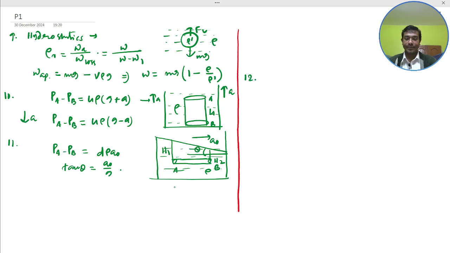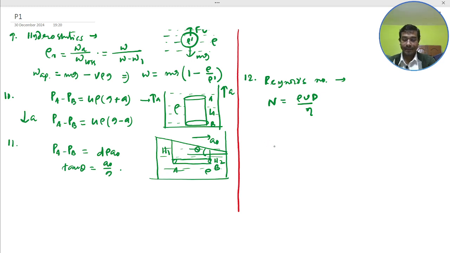So last one, the Reynolds number. N is equal to rho v d divided by eta, where rho is the density of the liquid, v is the velocity of the liquid, d is the diameter of the tube, and eta is the coefficient of viscosity.